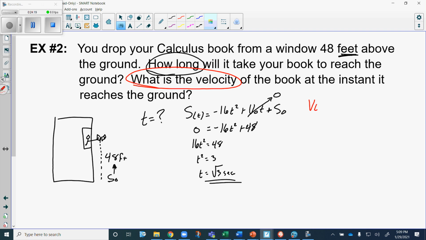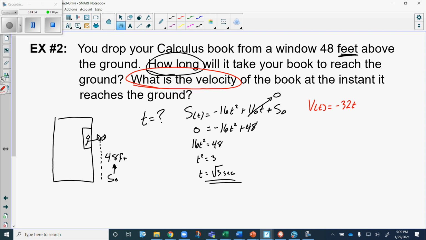So I'm going to take the derivative of the position function, and that'll give me negative 32t, negative 32t, not negative 16t. I keep doing too many integrals and derivatives at the same time here.